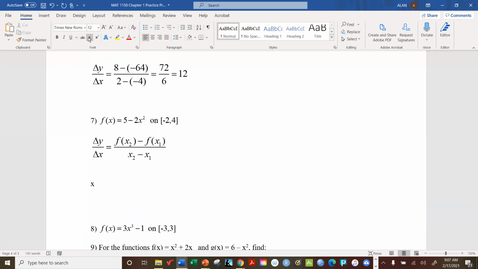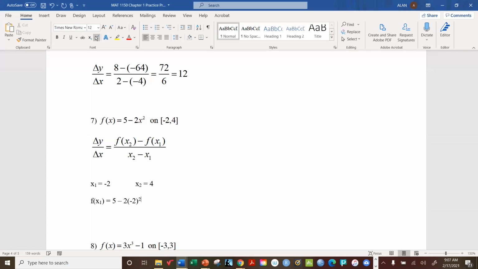That's the value on the left of that interval. x2 is 4. f of x1 is 5 minus 2 times -2 squared, which is 5 minus 2 times 4, which is 5 minus 8, which is -3.